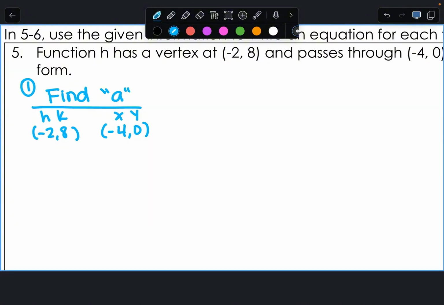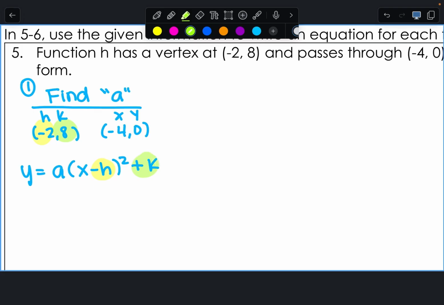Got it? Now I am going to write my vertex form. Y is equal to A, X minus H, squared plus K. Because I need y'all to recognize something. We're going to plug all 4 numbers into this formula. H will substitute inside of the parentheses.